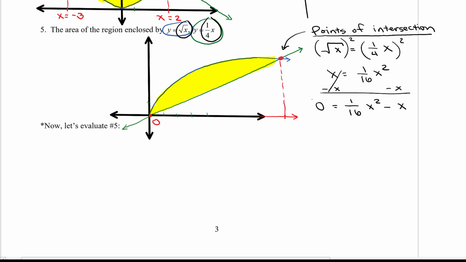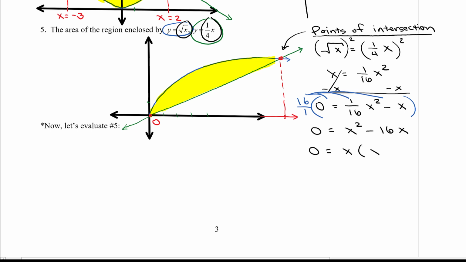So I'm going to write here 16 over 1, and I'm going to multiply every single one of these terms by 16. We're going to end up with 0 equals x squared minus 16x.